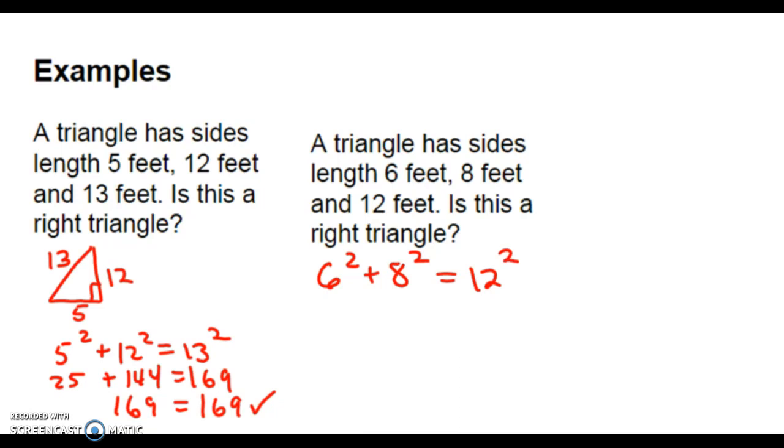So we're going to get the equation 6 squared plus 8 squared equals 12 squared. 6 squared is 36, 8 squared is 64. 12 squared is 144. And when we simplify, we get 100 equals 144. Therefore, we know that this is not a right triangle.